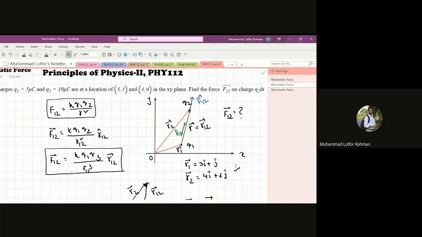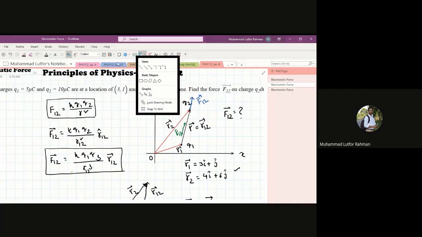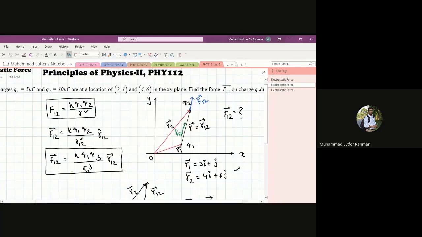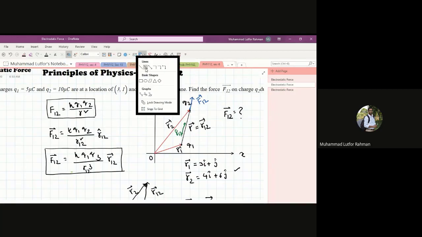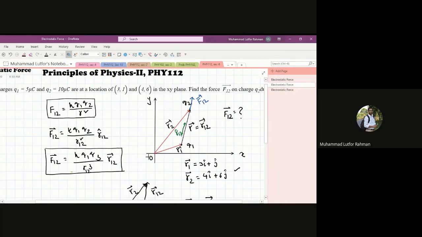Say I keep the same points over here, but I choose a different axis, a little bit different, say another frame of reference. Say now this x-axis is toward that direction.